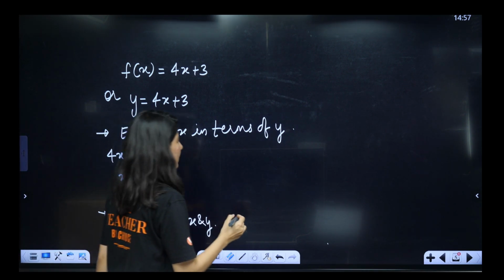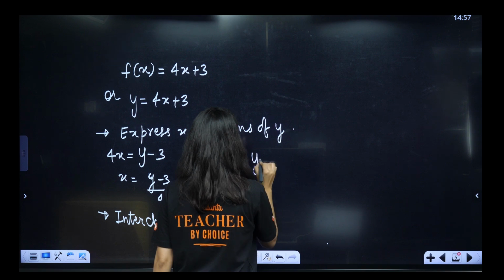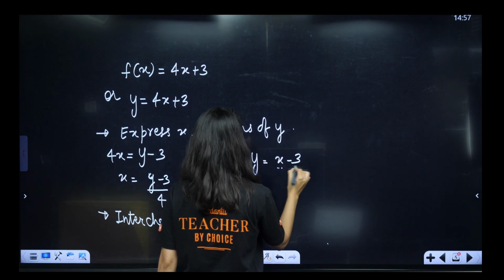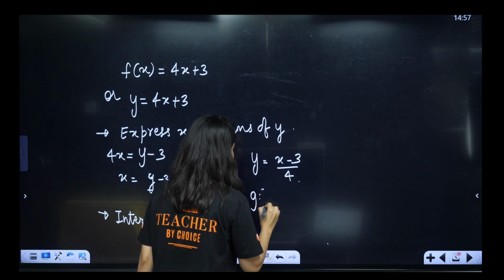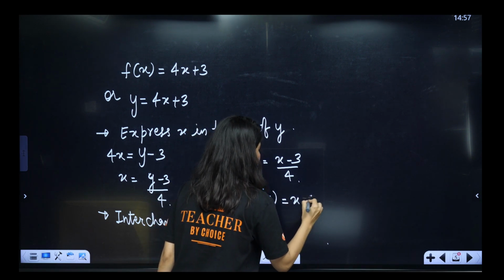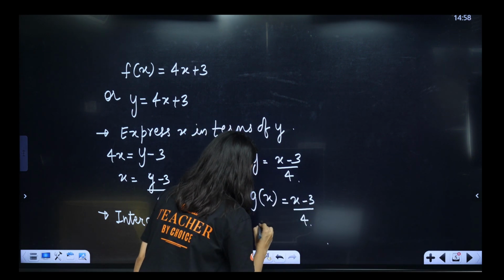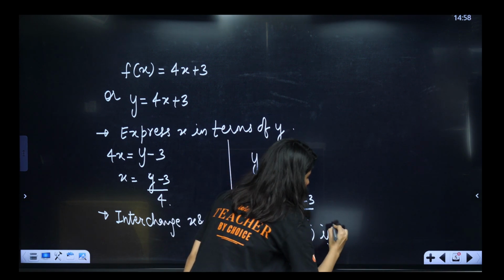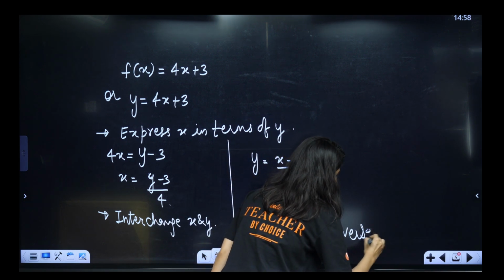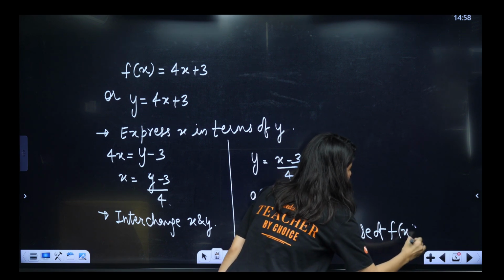Okay, so it is going to become what? y equals (x minus 3) by 4, or you can say that this y will become g of x, which will be (x minus 3) by 4. So here g(x) is the inverse of f(x), right?